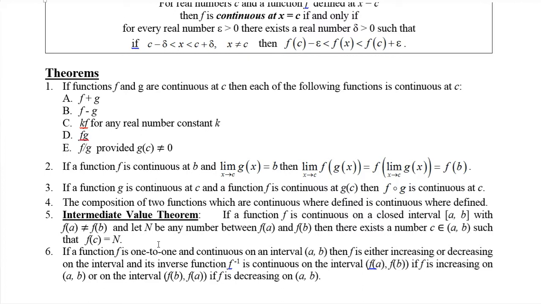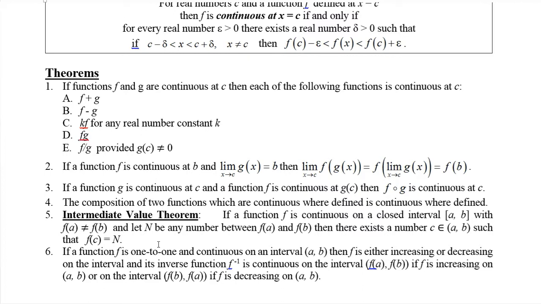So if functions f and g are continuous at a particular point c, then each of the following functions is also continuous at c: f plus g, f minus g, k times f for any real number constant k, f times g, and f divided by g, provided that we don't divide by 0, so g of c cannot be 0. So this gives us a way of building up continuous functions. If we have two continuous functions, then when we combine them in these ways, we get another continuous function, or at least continuous at that particular point.